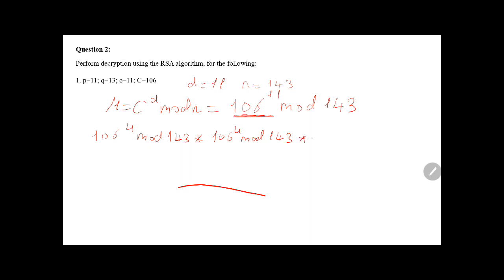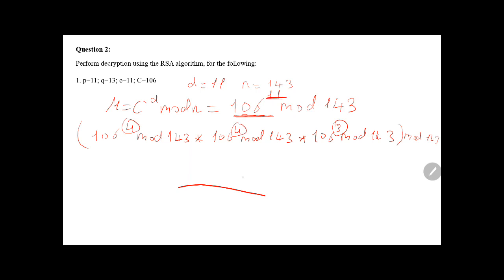So I will multiply again with 106 power 3 modulus 143, and after I do all this, I do again a last mod here, 143. As you can see here, the summation of these 3 powers is equal to 11.